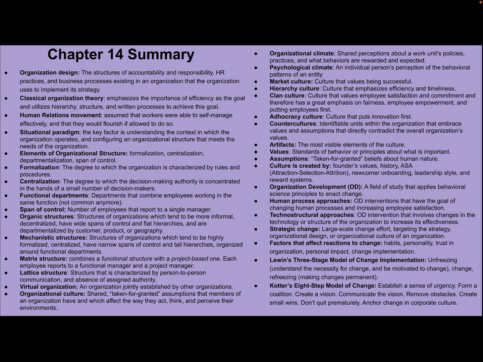Kotter split it up a little more into 8 steps: establish a sense of urgency, form a coalition, create a vision, communicate the vision, remove obstacles, create small wins, don't quit prematurely, and anchor change in corporate culture.